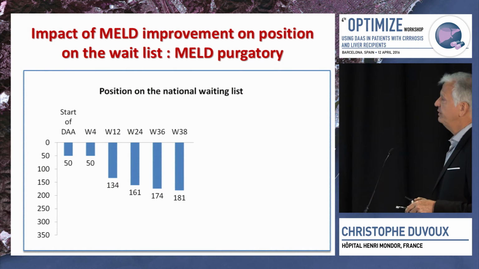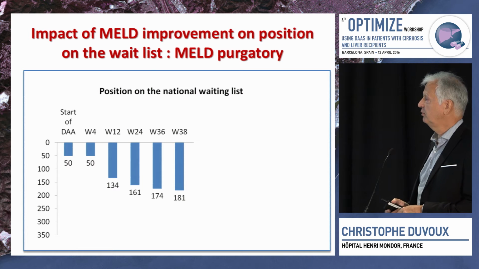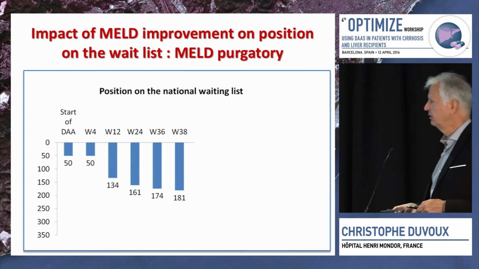You see that when the patient, blood group O, was listed, he was in position 50, and then, rapidly following the improvement in MELD score, he went down to rank 134, then 161, 174, etc. And here, when the late episode of encephalopathy occurred, he was very far on the wait list with absolutely no access to transplantation.